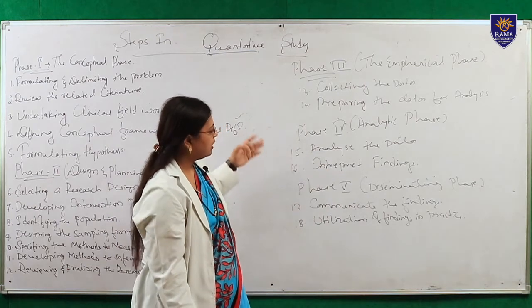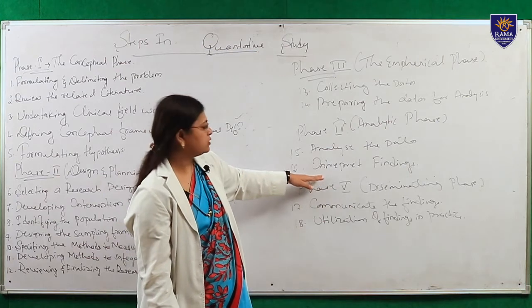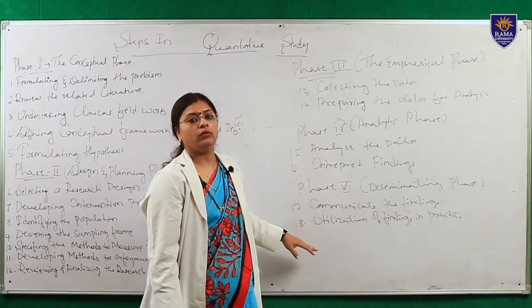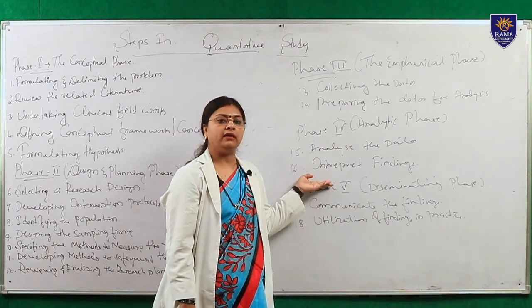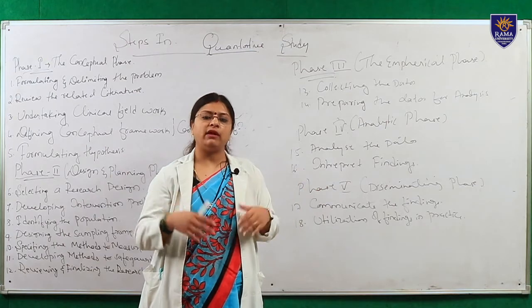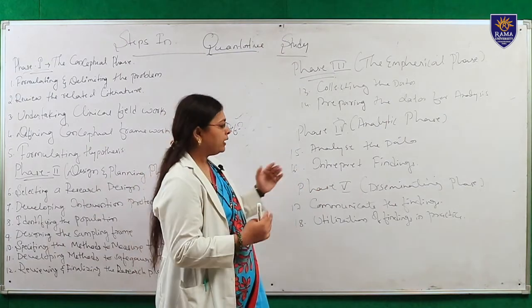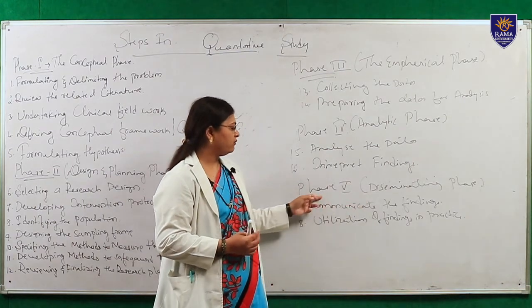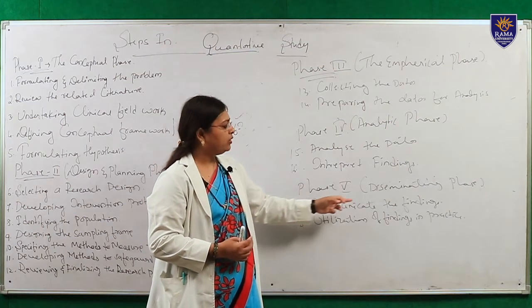Usually, after interpreting the findings, people will stop the study, but we have to go to another step. After completing the findings, it is not that you keep the findings with you. Then what is the use of doing the research? So the researcher has to go to the next phase, known as the disseminating phase, or fifth phase, where he is communicating the findings.